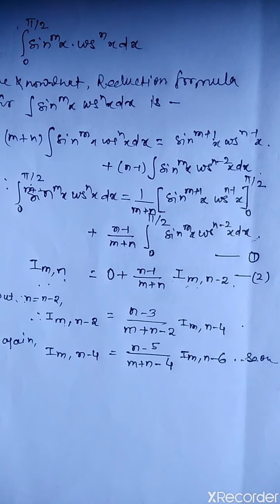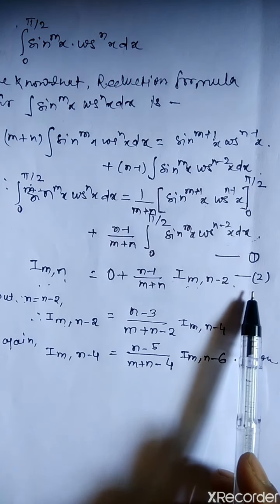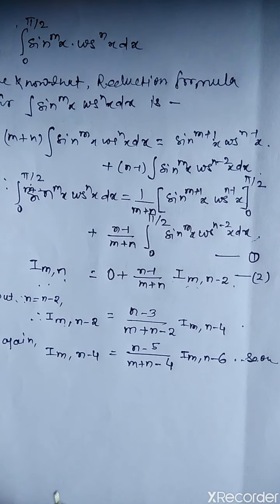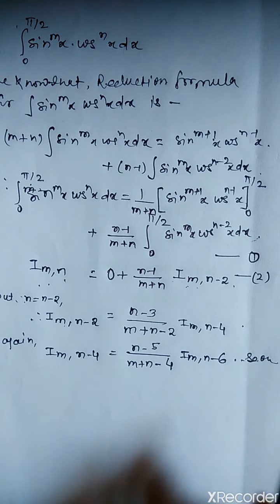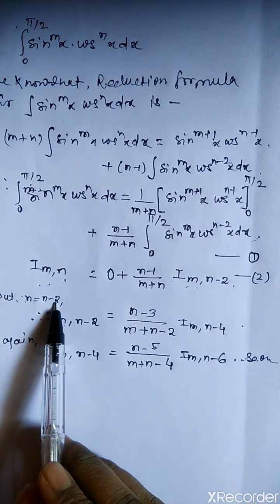Okay, so now substituting all these values in equation number 2, so here we get the value as I m n. So I m n equals to what? So here two cases arise. The first one will depend on this value of n. Here I have put n equal to n minus 2.